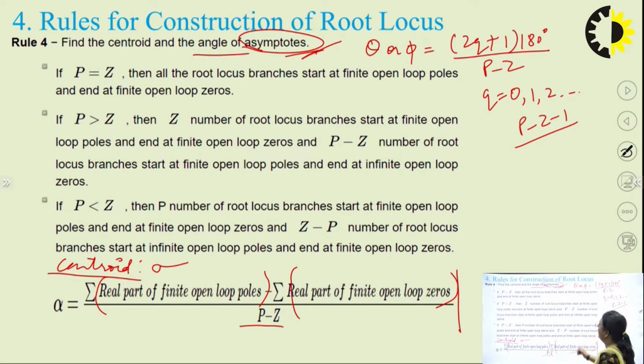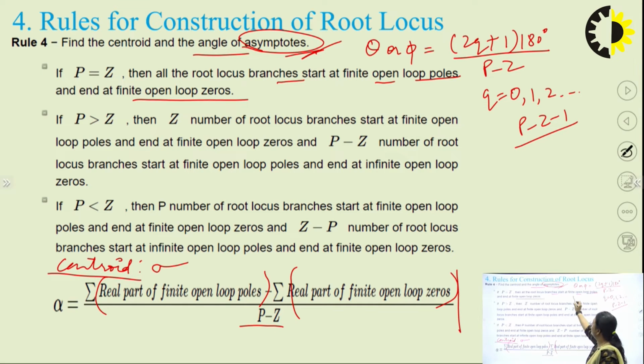Here you can see that if p is equal to z, then all the branches will originate from the open loop poles and end at finite open loop zeros. In the previous slide I told you that all the branches of the root locus originate from the open loop poles and terminate either at zero or at infinity. So this is the description for that.